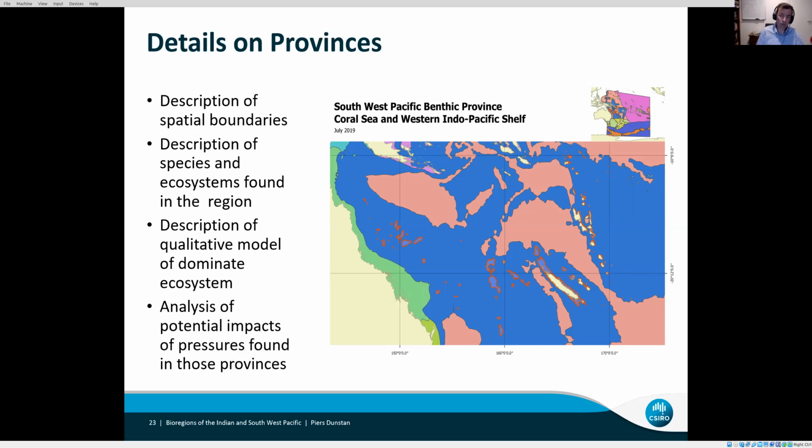And we see a real difference across that, which I'll talk about in a moment. And then finally, for every one of those systems where we were able to describe a qualitative model, we were able to do an analysis that described the potential cumulative impacts of pressures found in those provinces. So it described how the different pressures might act on the different ecosystems that were described.